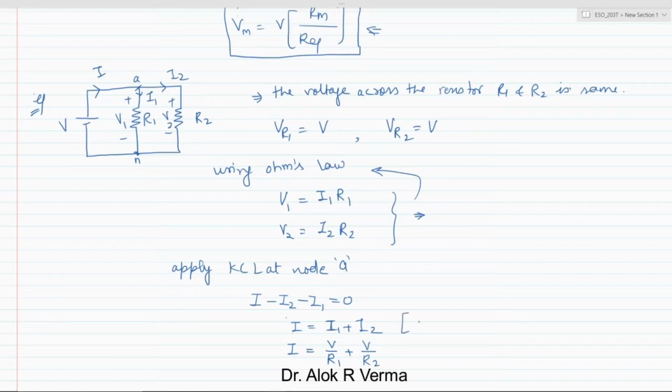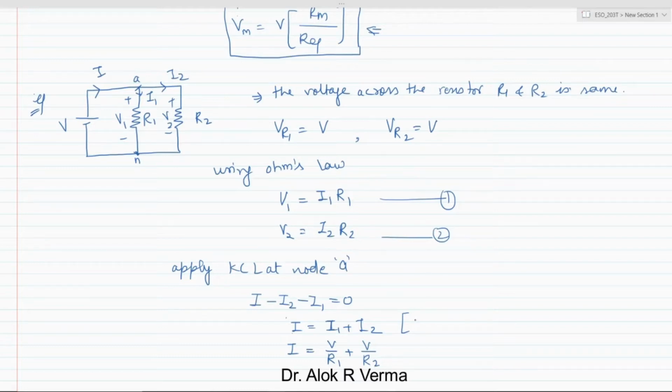Here, suppose this is equation 1 and this is equation 2.